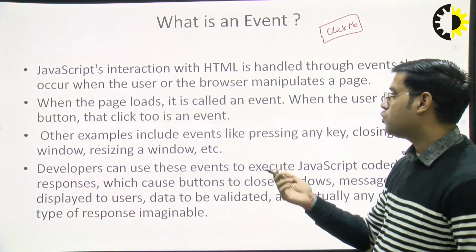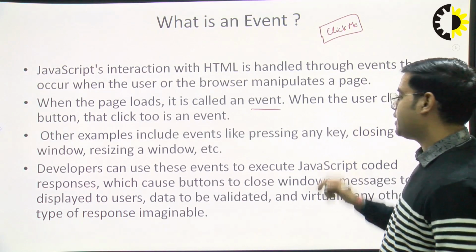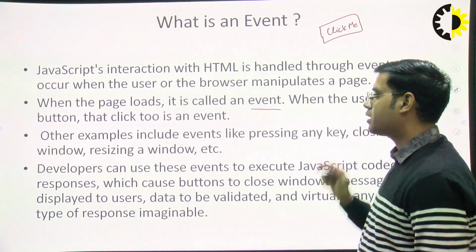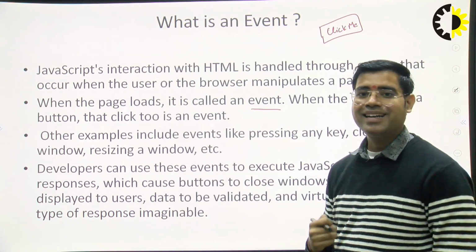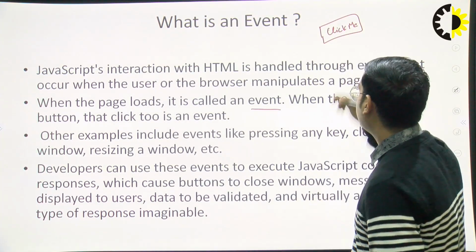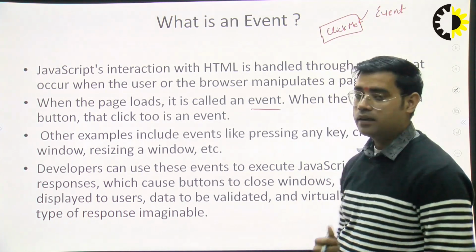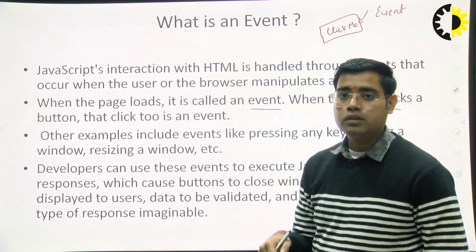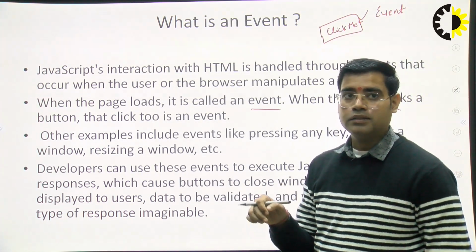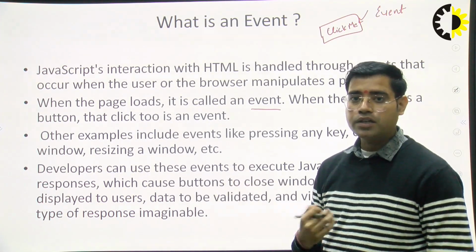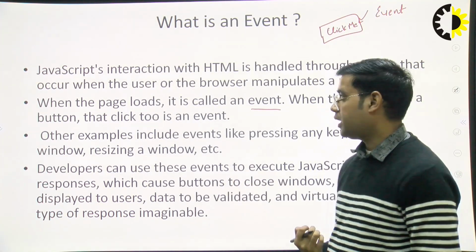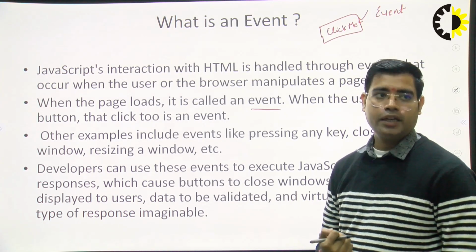So when the page loads, it is called an event, or we can say that when the user clicks a button, that click is an event. When you click on this button, this is called an event, right? So when the user presses or clicks the button, a certain action is performed and that action is called an event.